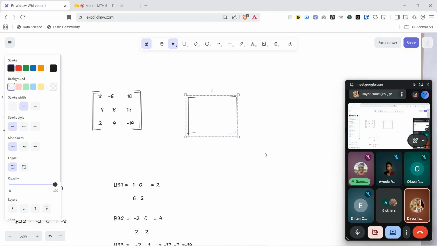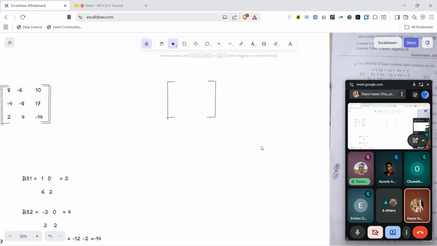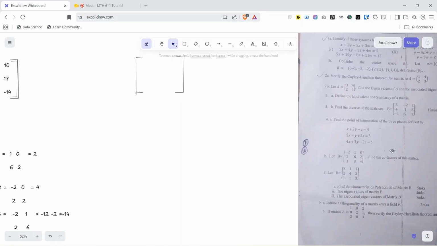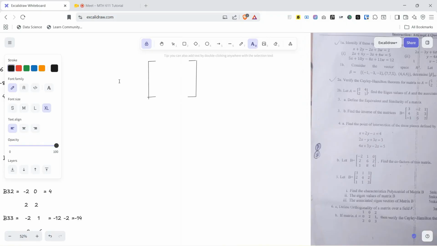Okay, good. Now question 5. Our B equals this matrix: 3, 1, 1, 2, 4, 2, and then 1, 1, 3.